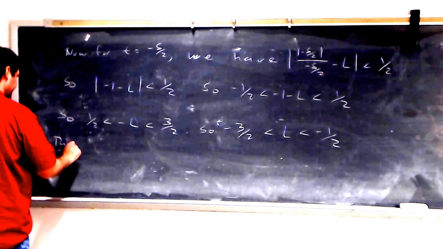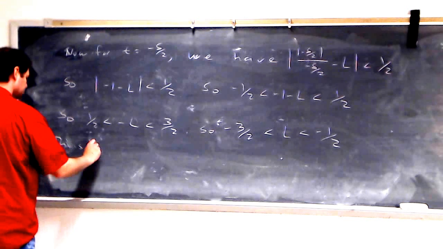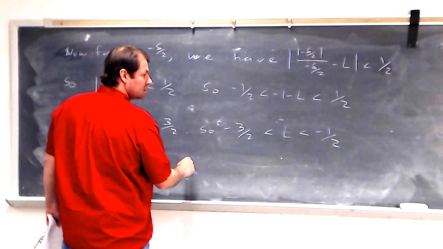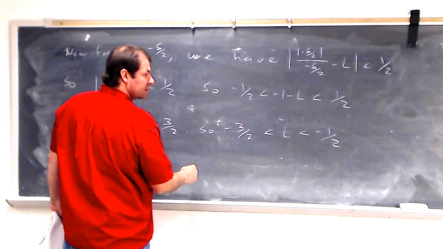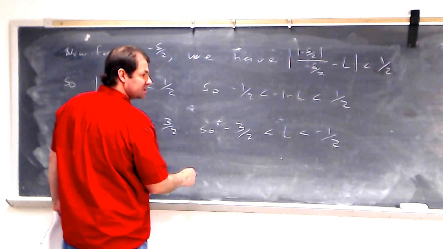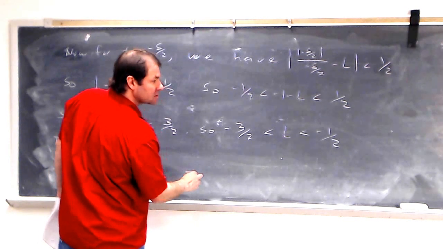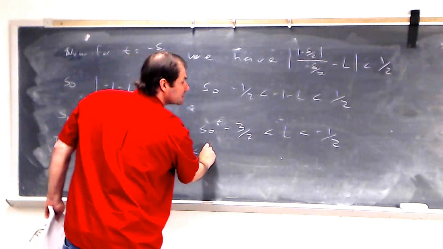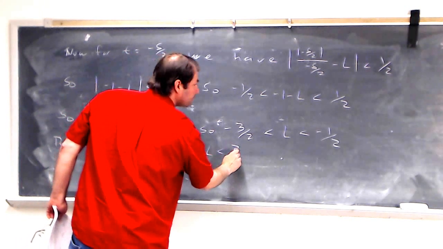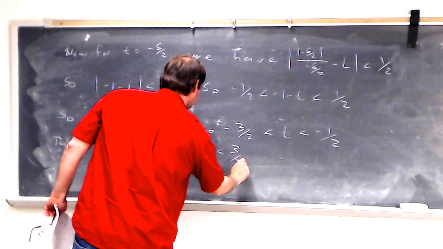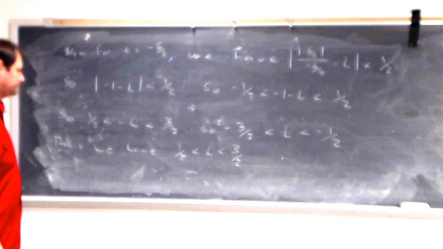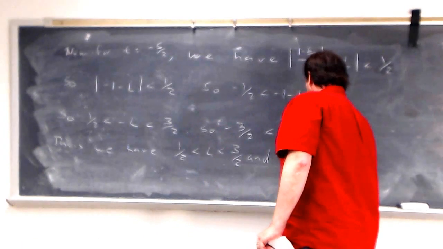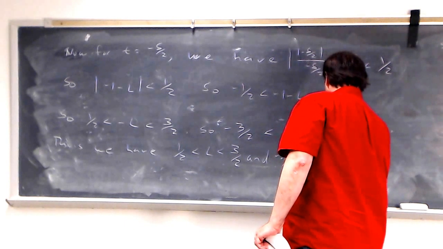Thus, we have two statements. Previously, from when t was equal to delta over 2, we had, still on the board on the right-hand side here, 1/2 less than L less than 3/2, and we have the line above, which I'll rewrite: minus 3/2 is less than L is less than minus 1/2.